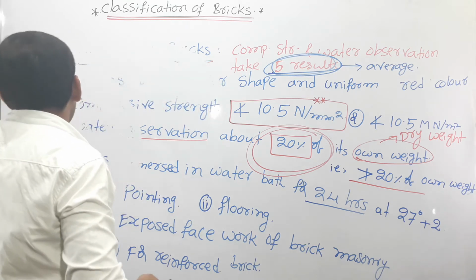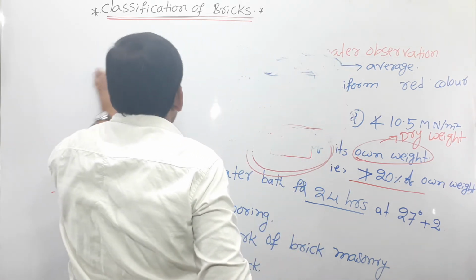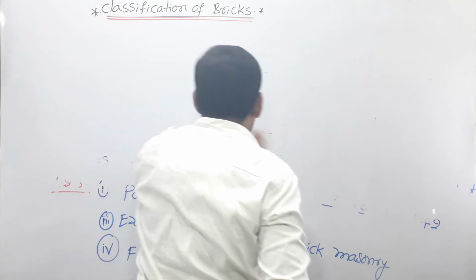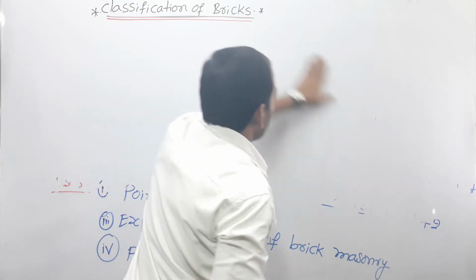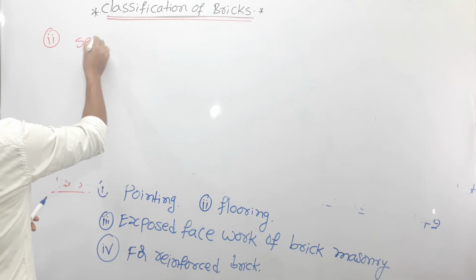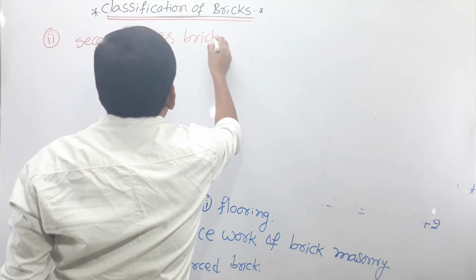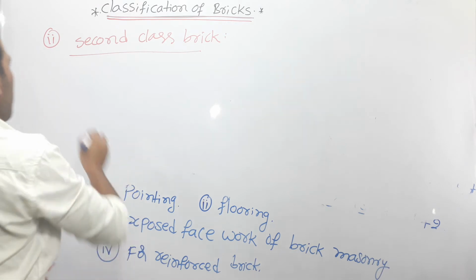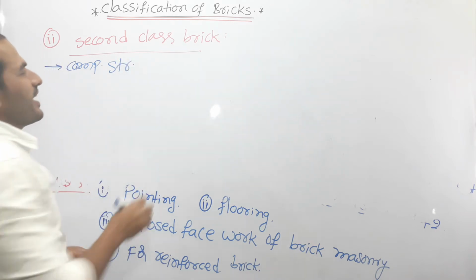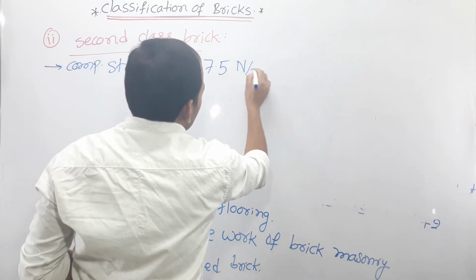And what is the second class brick? The compressive strength of the second class brick should not be less than 7.5 Newton per mm square, right?